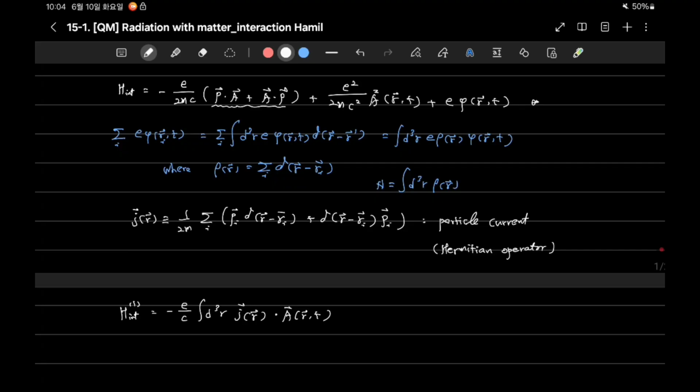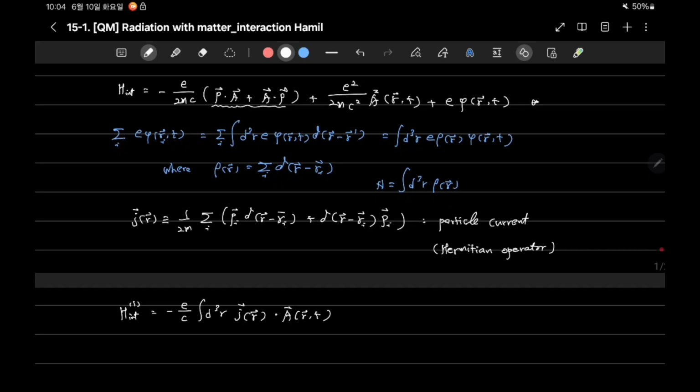In classical mechanics, P over m is the velocity, because momentum is mv.